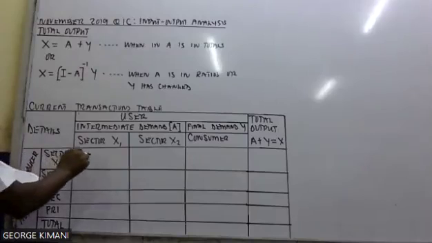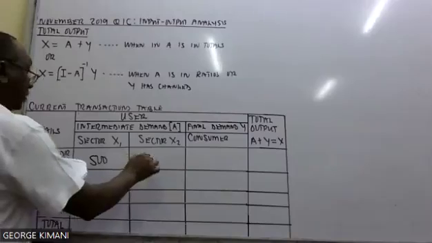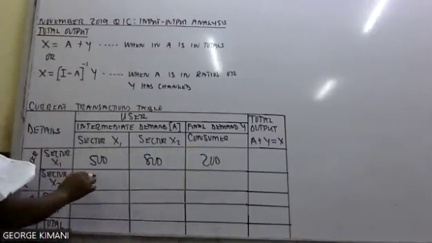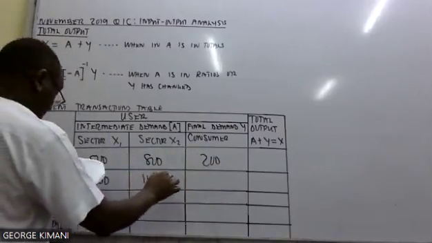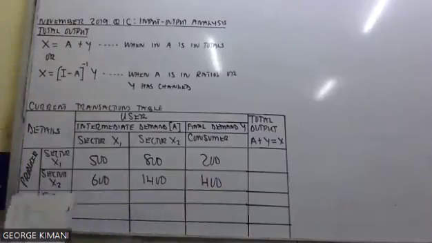So this one is 500, this is 800, this is 200, this is 600, this is 1400, and this is 400. So get to that point.